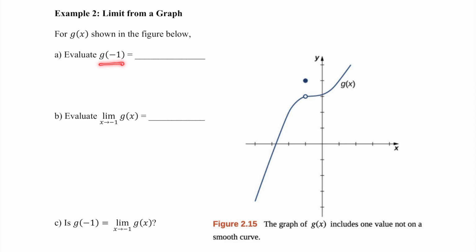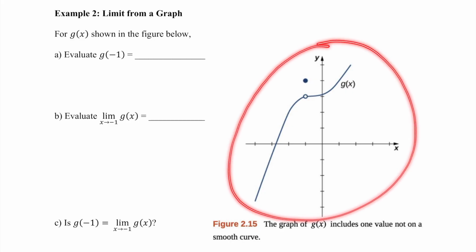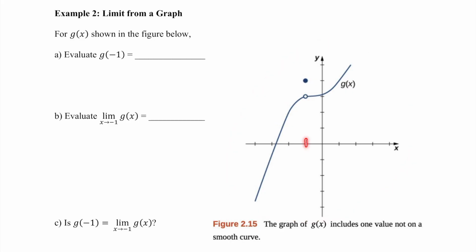This question is asking, what is the actual value of the function at x equals negative 1? To answer this question, we'll look at this graph. When x is negative 1, the function value is here. So we look at the y value of this dot. The y value is 4.